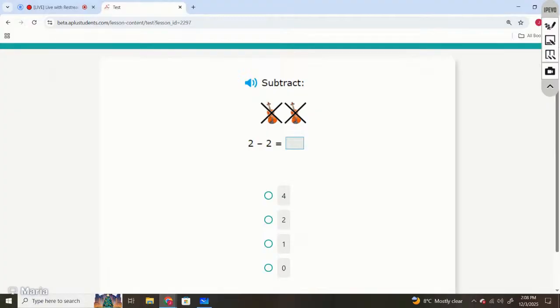Subtracting a number from itself always makes a 0. That is 0, right? Subtracting a number from itself always makes a 0.